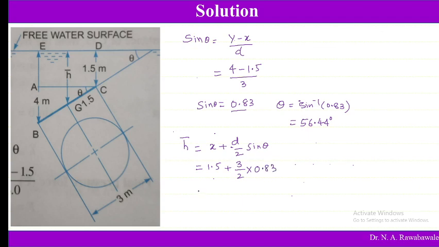On simplification we get h bar as 1.5 plus 1.5 into 0.83, that is 2.745. 2.745 meter is h bar.